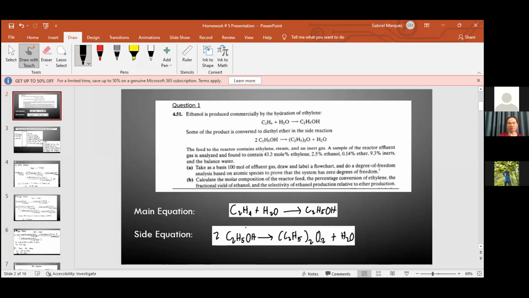Okay, for the yield, we have 3 definitions. The first definition that we use in the equation, we calculate from the ethanol produced divided by the maximum possible ethanol that can be produced from the design reaction. This is the design reaction. What is the amount of ethanol that can be produced from this reaction based on theory? Based on theory, it means the maximum.